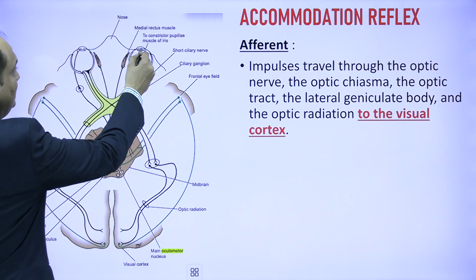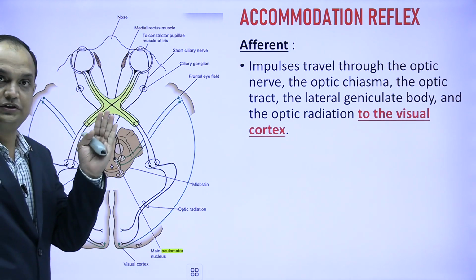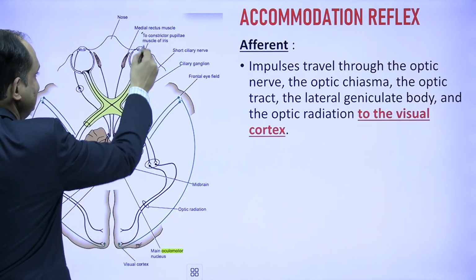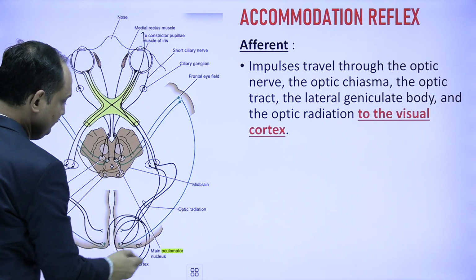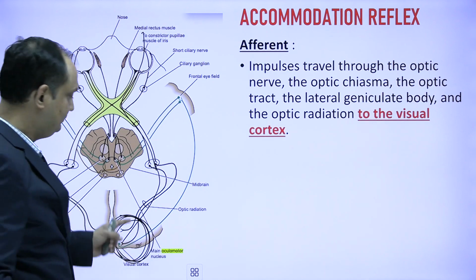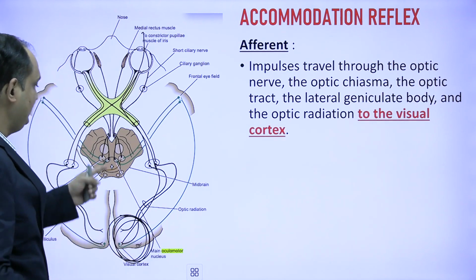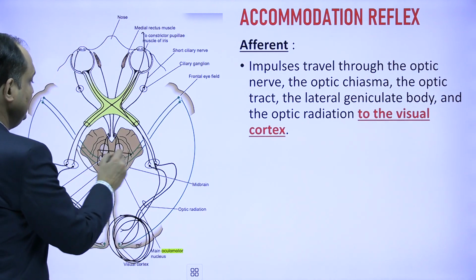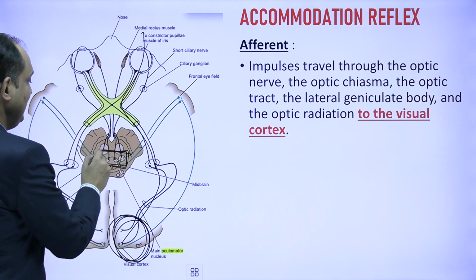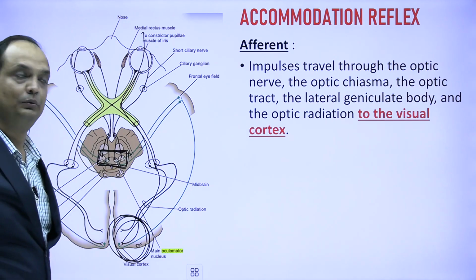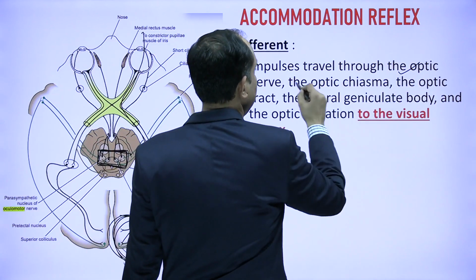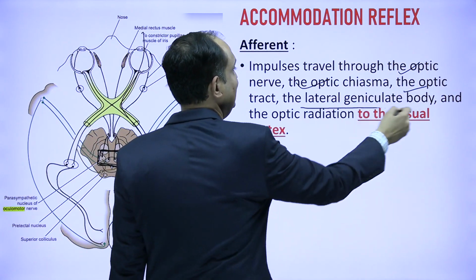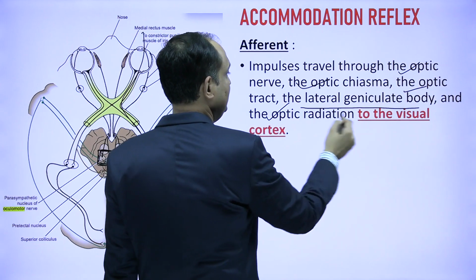Once you have any accommodation stimulus, the sensation is carried by the visual pathway and ultimately reaches the visual cortex. From the visual cortex, these afferents approach the area of the midbrain which contains the nuclei of the oculomotor nerve. So, the impulses travel through the optic nerve, optic chiasma, optic tract, lateral geniculate body, and optic radiation.